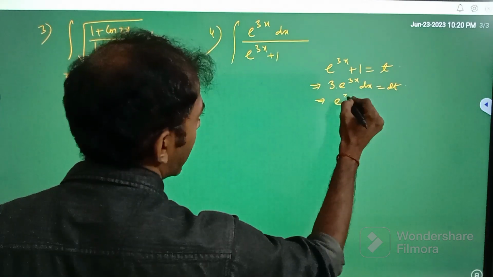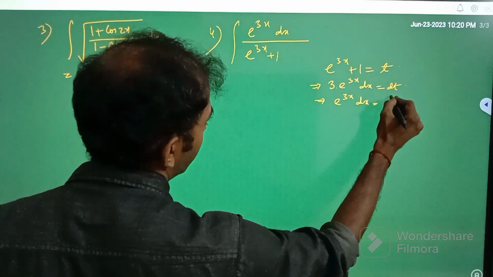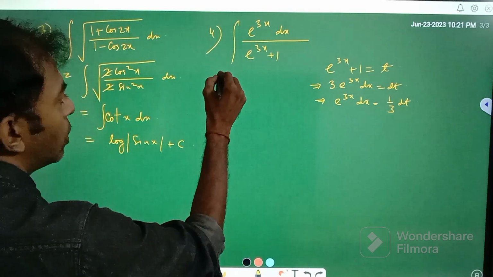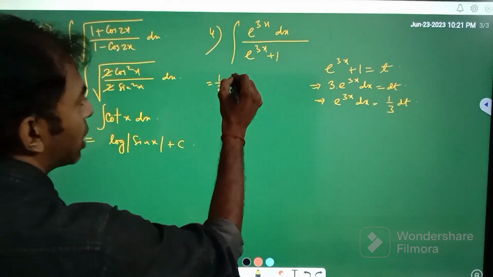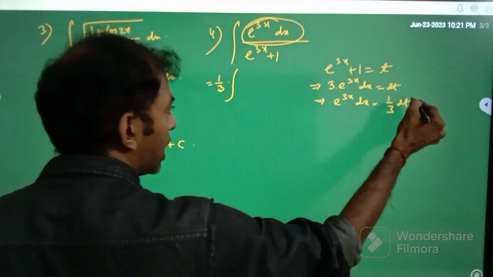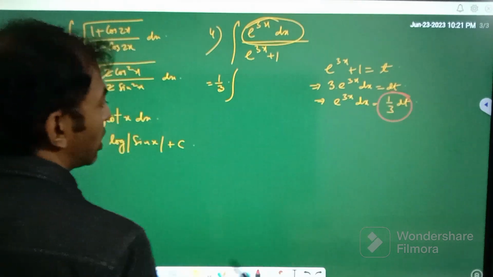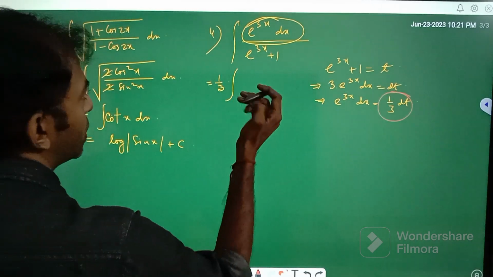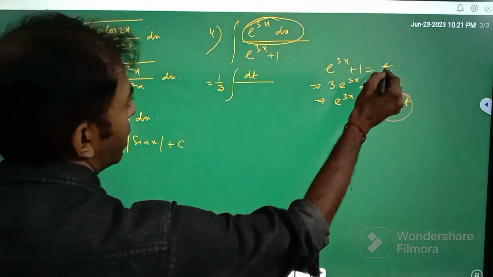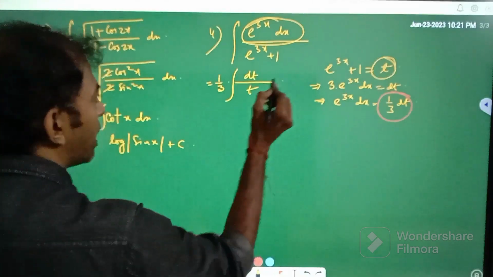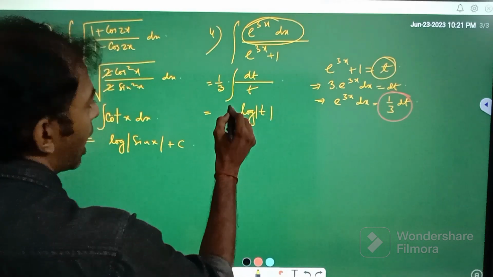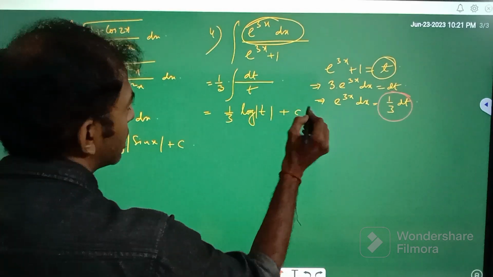So e to the power 3x dx will be transformed by 1/3 of dt. So that will be 1/3 of dt, and the denominator part will be just t. So dt by t, we all know that is log mod t, and 1/3 of log mod t plus c. That's it.